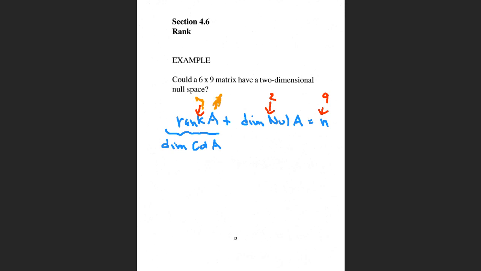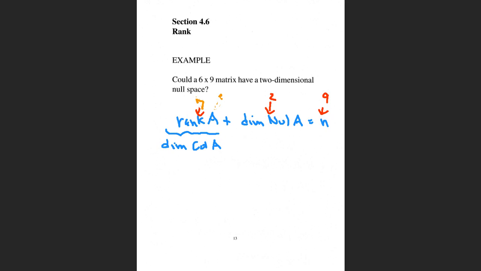That means the dimension of the column space of A would be 7. But could the dimension of the column space of A be 7?